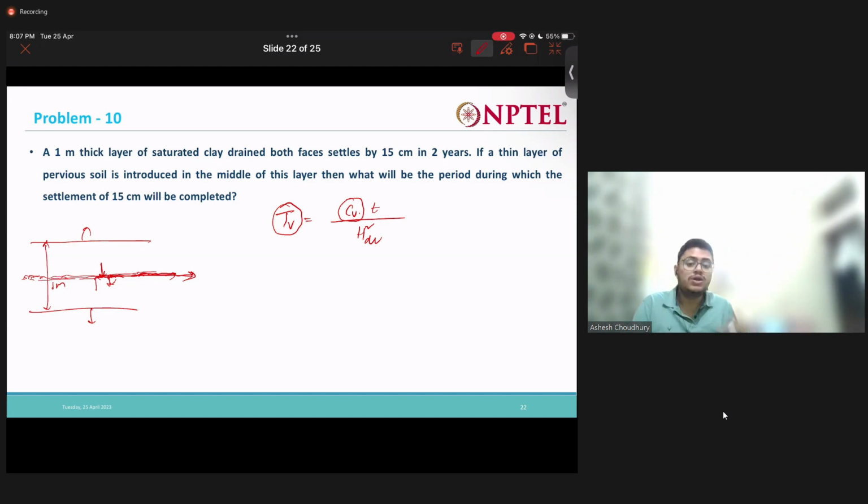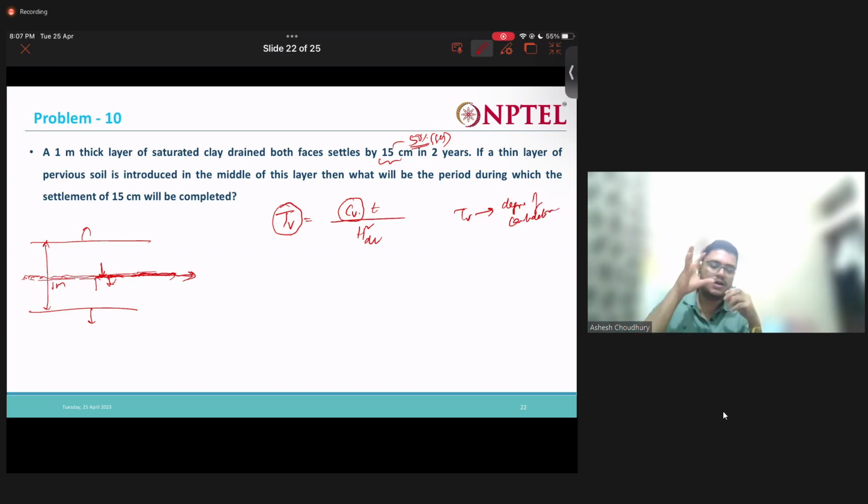And for a particular amount of settlement, say this 15 centimeter settlement is say 50% settlement. Say, for example, we don't know what the ultimate settlement is, so we cannot comment. Say I'm saying this is 50%. So this TV is also constant. TV is directly related to the degree of consolidation, right?